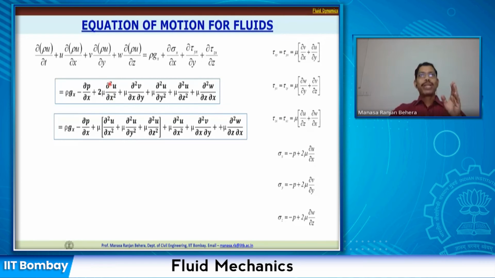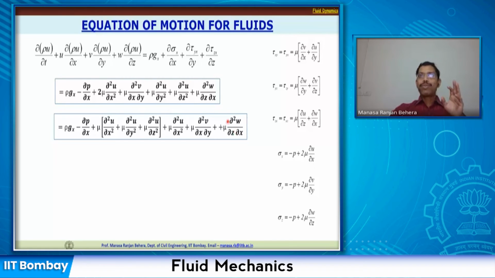So it is dou square u by dou x square plus dou square u by dou y square plus dou square u by dou z square. Putting them together, I can write this expression. Now what I have is mu dou square u by dou x square plus mu dou square v by dou x dou y plus, I think there is one plus required here, mu dou square w by dou z dou x.